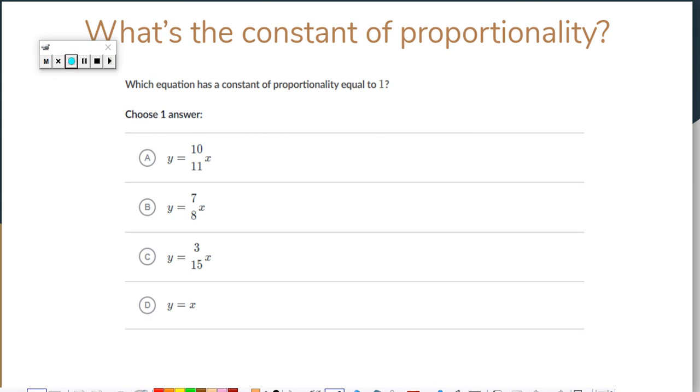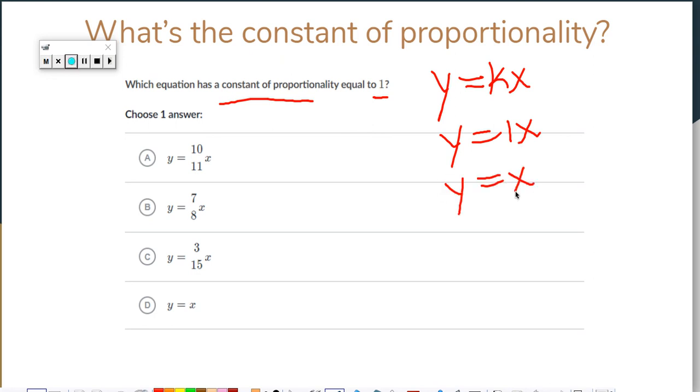One more. Which equation has a constant of proportionality equal to 1? Well, if I have y equals kx, and they tell me that the constant of proportionality is supposed to be 1, I would say this should mean that y should be equal to 1x. But we've said earlier, 1 times x is really just x. So that means you're going to say y equals x.